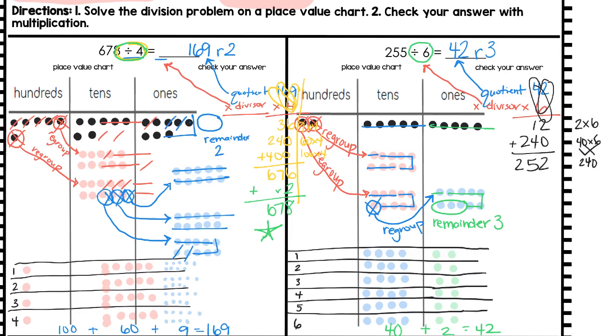And our last step is to add our remainder. So we need to add our remainder of 3, which gives us 5 ones, 5 tens, and 2 hundreds, which is what we started with. So our problem is correct. Super job, guys. Go ahead and continue.